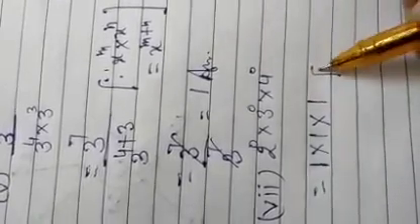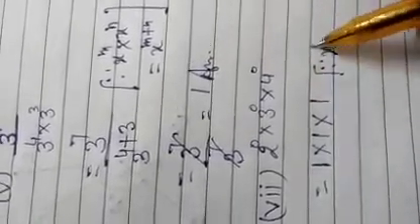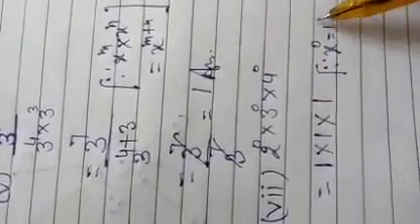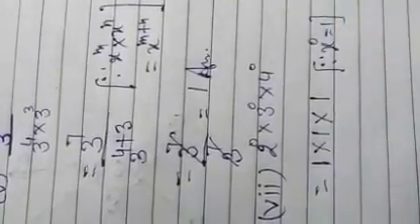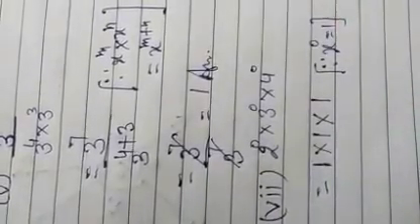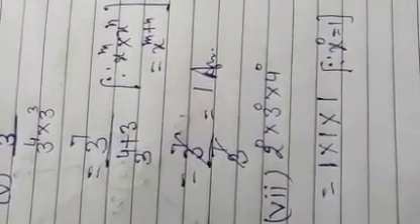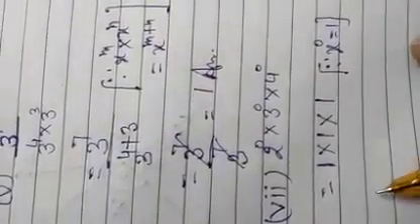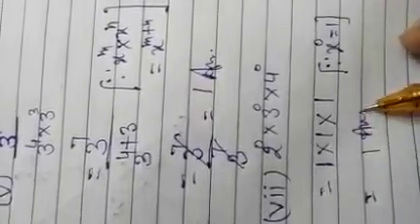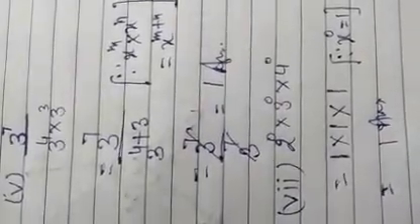The reason you will mention is because x raised to the power 0 is equal to 1. Now you have to just solve it. 1 multiply 1 multiply 1, what will it be? It will be equal to 1, and it will be your answer.